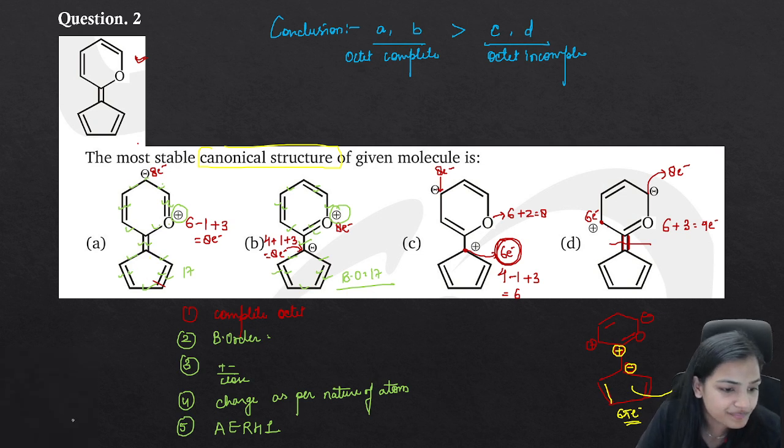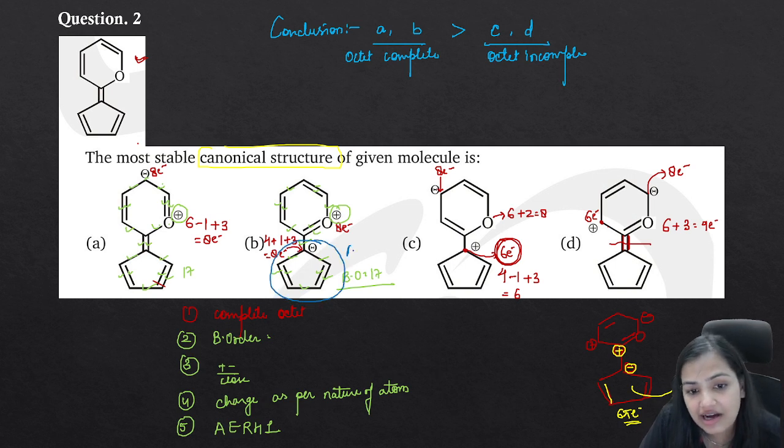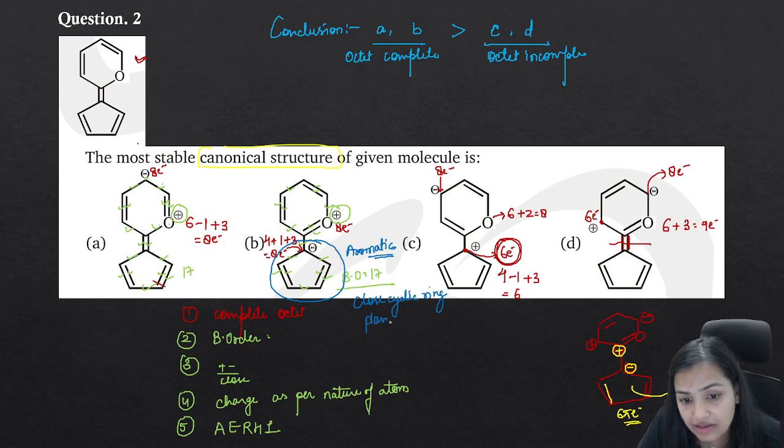Guys, see, in the case of AERHI, what will happen? If you see the two structures, you will find that in option B, this particular ring is aromatic. Have a look. Why? Because this is a closed cyclic ring, which is also planar.